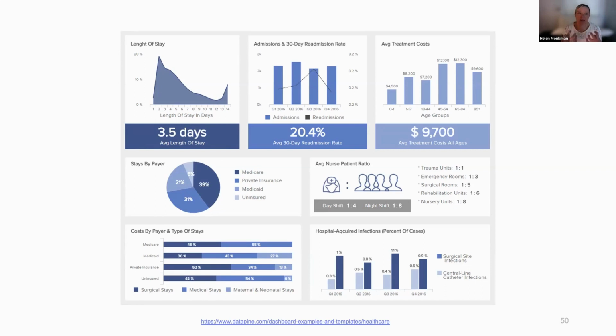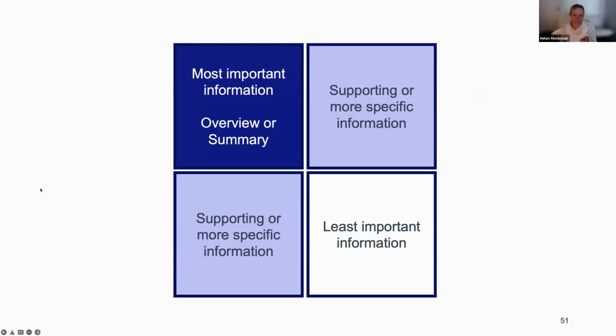So we're sucking them in with particular tricks that we use with design, or sometimes we're doing it unintentionally, and that's even worse when we're drawing people into a particular area when we shouldn't be. So the idea here is that the most important, the zone of importance, as I'll call it, is typically we want kind of an overview or summary in this top left quadrant. Then these ones are more the supporting or specific information we'll put to complement this overview.